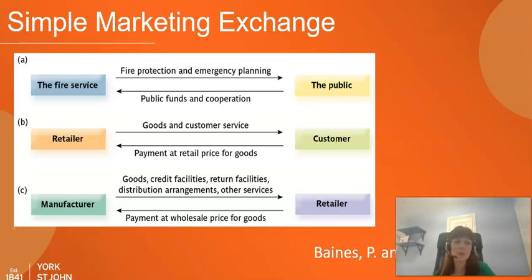The final example we've got here is a business to business scenario. So the retailer is a business, as is the manufacturer. So go back to my card shop. They buy cards from a manufacturer that you'll never have heard of, because the cards are all branded the retailer, so that's fine.